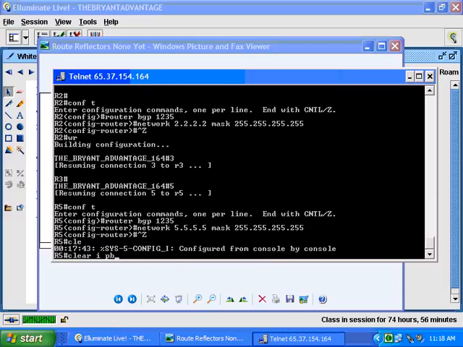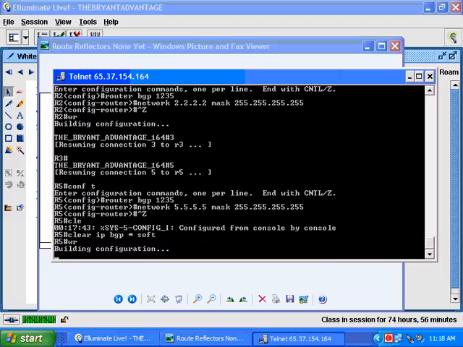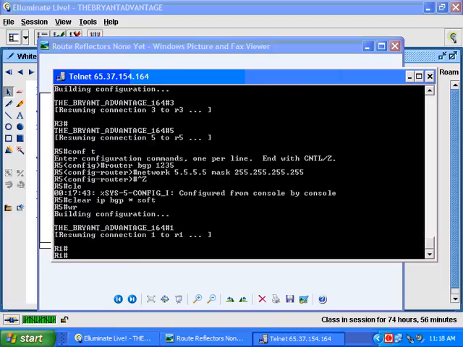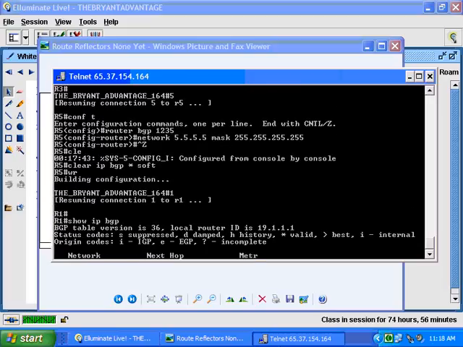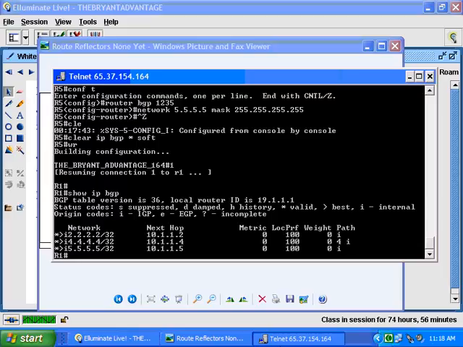We'll do a quick clear soft here. I should have done that on 2, but I bet it's already taken effect. Let's go over to router 1 and see if it sees those 2 routes yet. It should, and it does. And they are all marked valid and best.